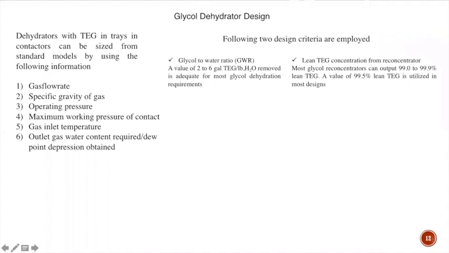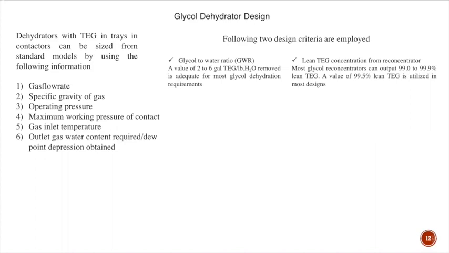So let's begin, right? As you can see, the glycol dehydration design is a typical dehydration design where you have the method called absorption, right? By absorption, we separate out the water from the natural gas. So once you go and design this glycol dehydrator, you have to take care of all these 6 parameters that you are showing on the left-hand side: the gas flow rate, specific gravity of the gas, operating pressure, and the contact time.